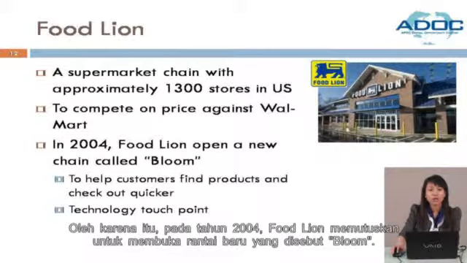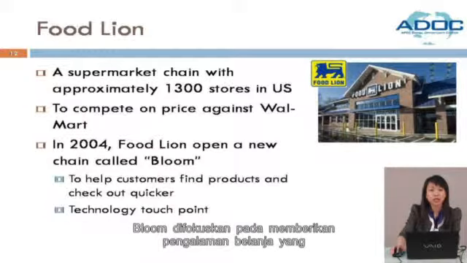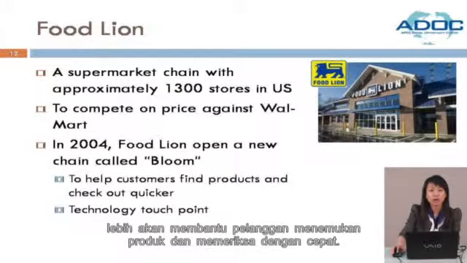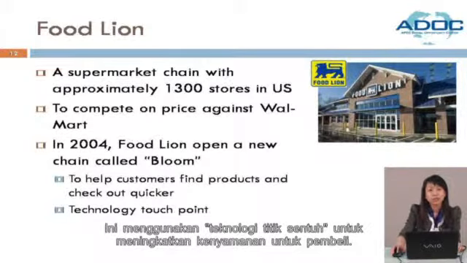Therefore, in 2004, Food Lion decided to open a new chain called Bloom. Bloom focused on providing a better shopping experience that would help customers find products and check out quickly. It used technology touch points to improve the convenience for the shoppers.